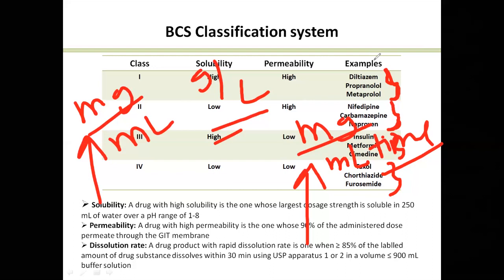as having a high dissolution rate. A drug with a rapid dissolution rate is one whose 85% of the labeled dose is released within 30 minutes using USP apparatus 1 or 2 in a volume equal to or less than 900 ml of buffer solution.